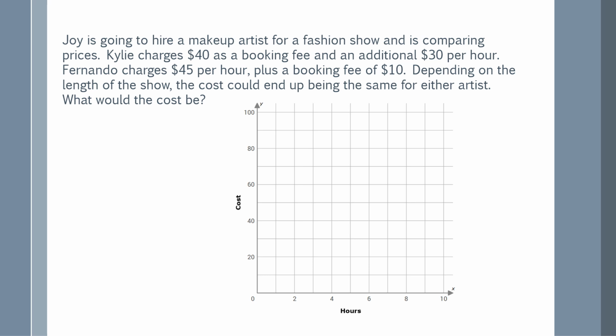So here, look at Callie. She's charging $40 as a booking fee plus an additional $30 per hour. The per hour is going to denote itself as 30x plus 40. That's the equation. And Fernando, I want you to try Fernando. I'll give you maybe 10 seconds to come up with the equation.